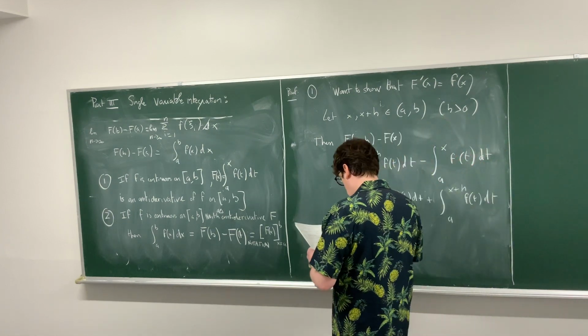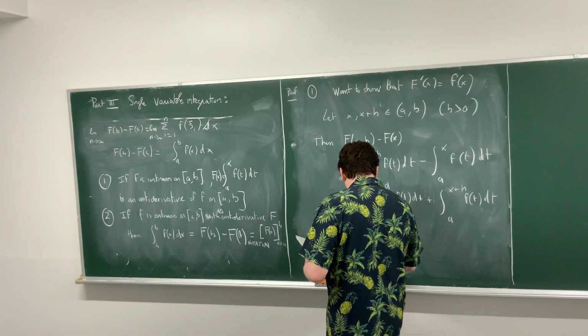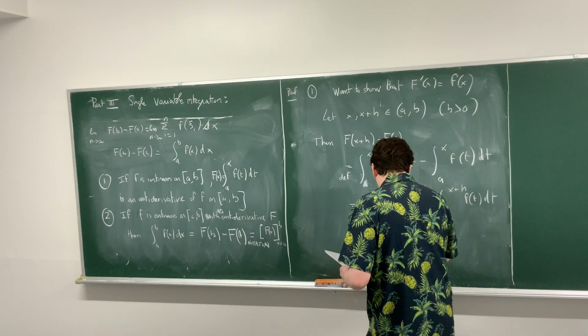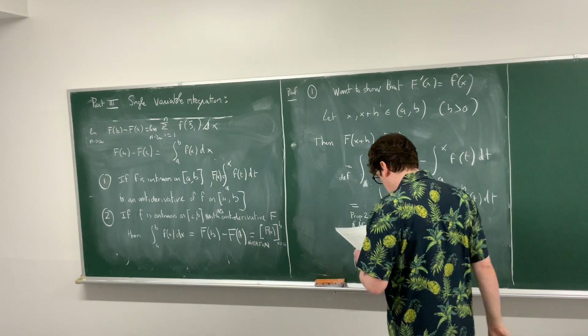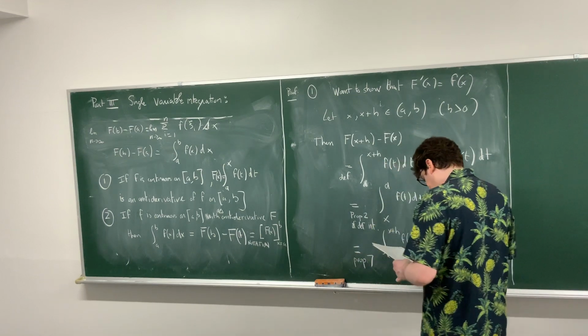And so this was property 7. Property 7 this time. I know that I can rewrite this as the integral between x and x plus h of f of t dt.